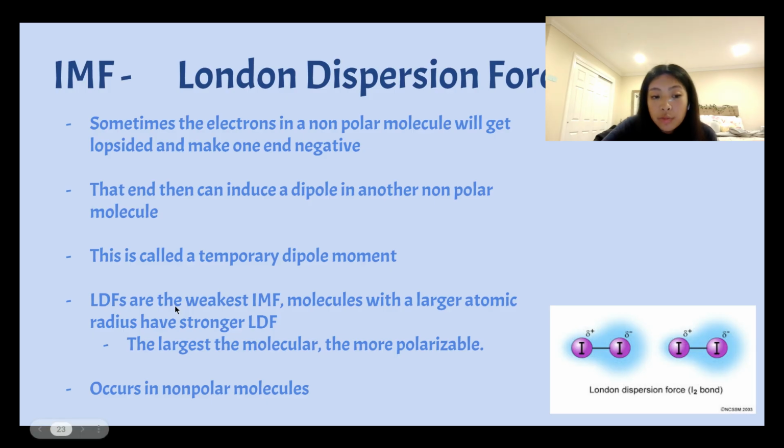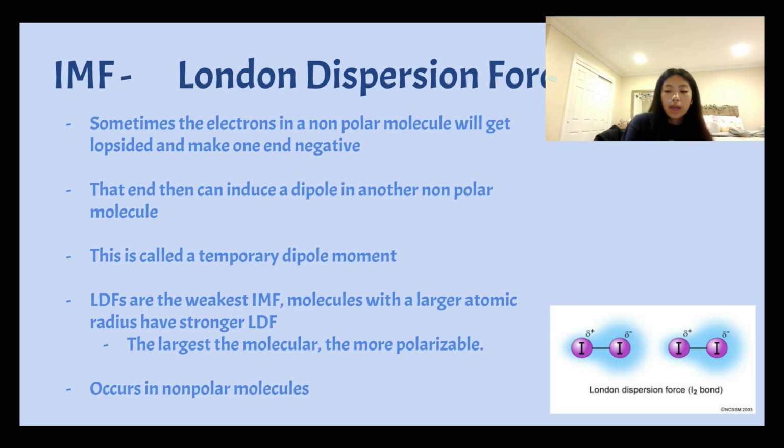So London dispersion forces are the weakest IMF, and molecules with a larger atomic radius will have a stronger London dispersion force. So the larger the molecule, the more polarizable it is. On your test, you may be asked to compare two molecules and which one has a stronger IMF.